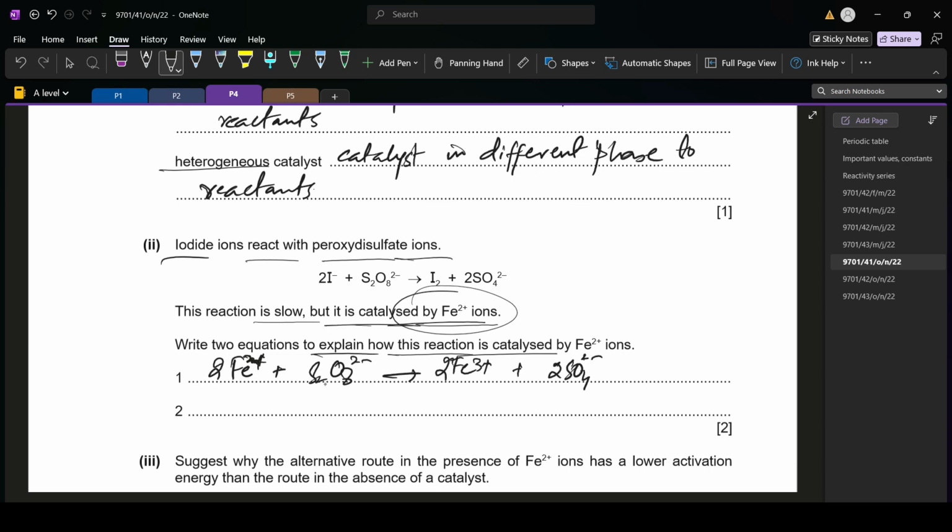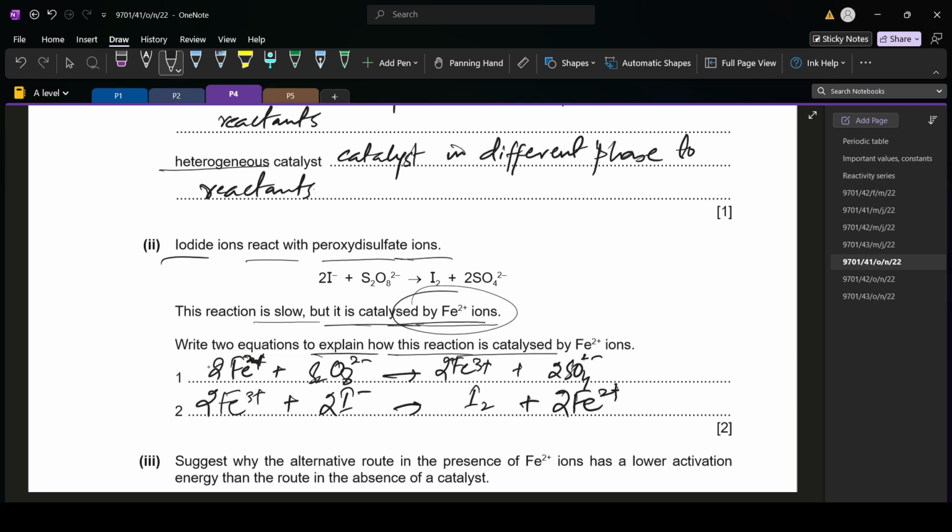Okay, so now you have iron 3+, and this iron 3+ will react with iodide ions to form iodine plus Fe2+. Balance the equation like this.